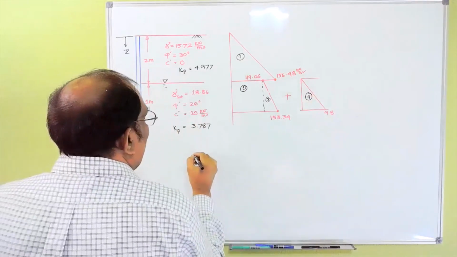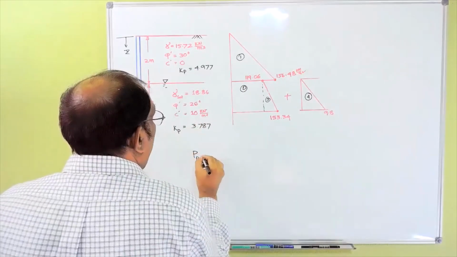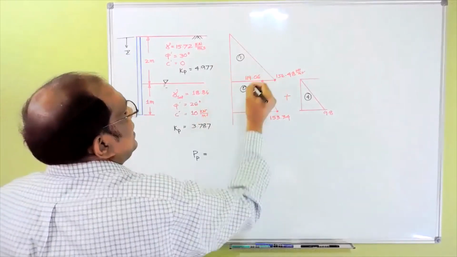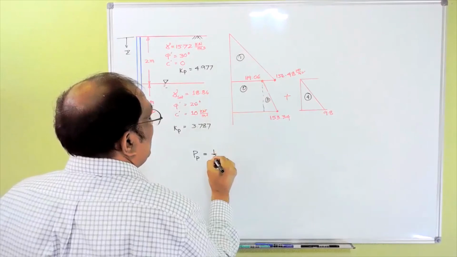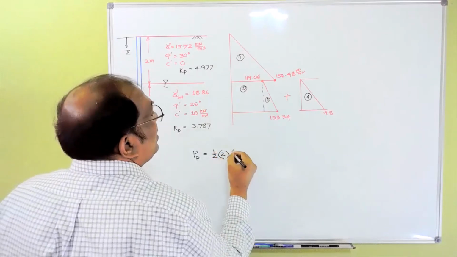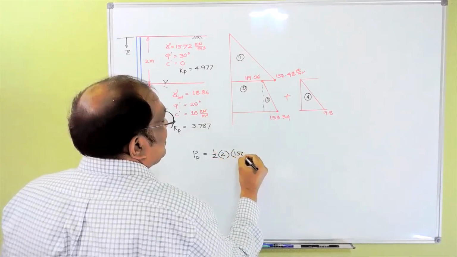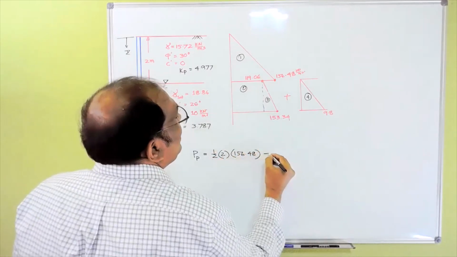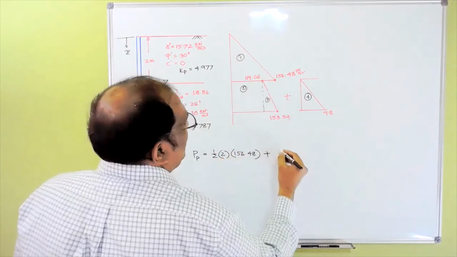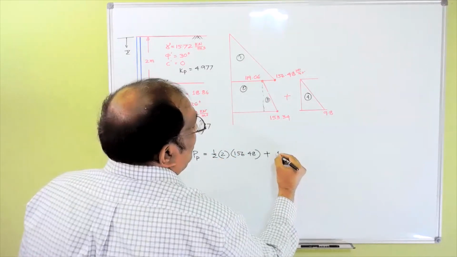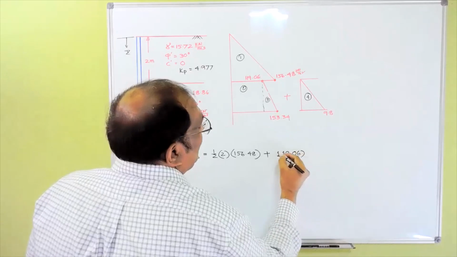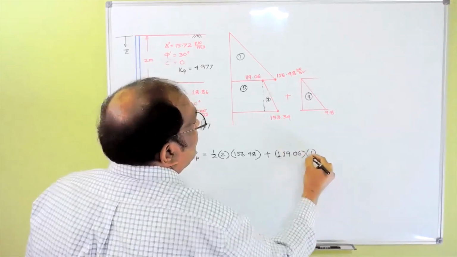So I can say that my PP, passive force pressure, is, if you take this one, that would be half into 2 into 156.48 plus this area, which is 119.06 into 1.